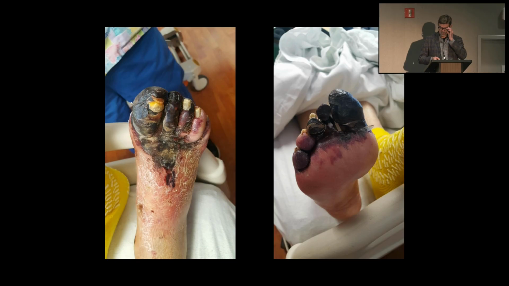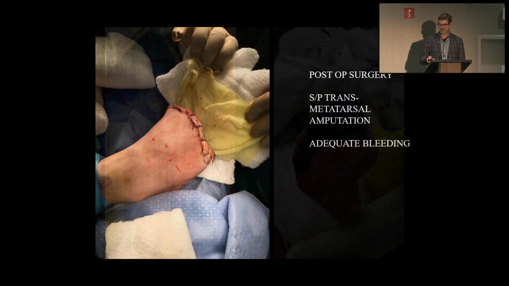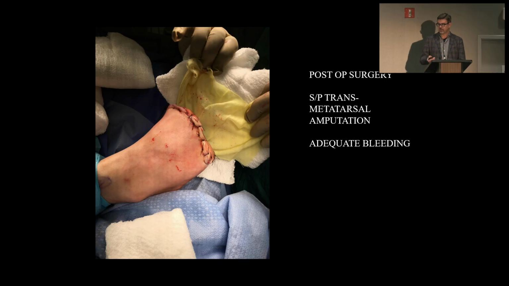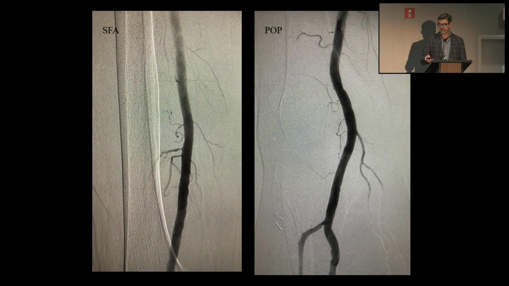The doctors that referred him said that this was an above-knee amputation for him, and we thought maybe we could do something a little different with that. And so working with our podiatrist here, we had a good transmetatarsal amputation, but that gangrene came from somewhere. So you have to really interrogate the vasculature and make sure that things are proper.